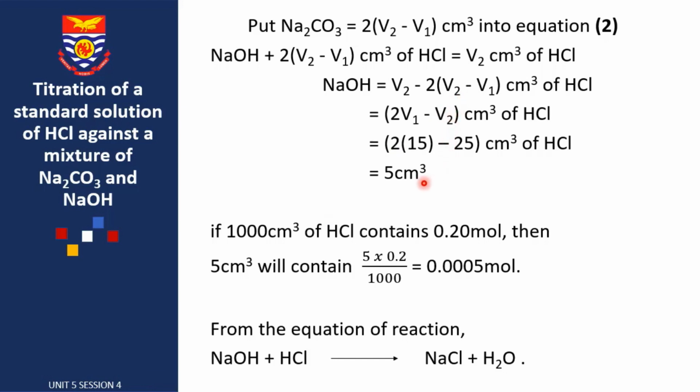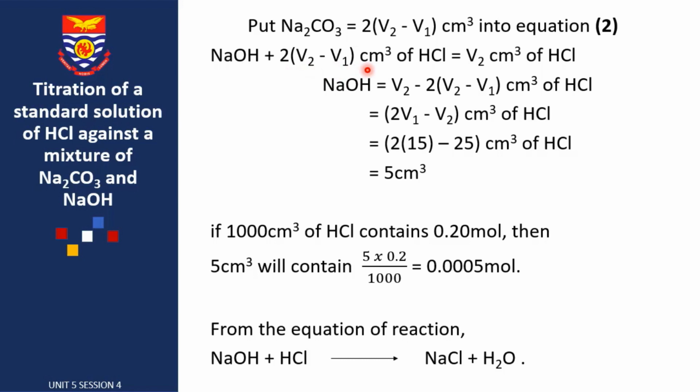With that too, we are going to need the volume of the acid that completely neutralized it. We left an equation on the way. Alright. At the methyl orange endpoint, we said that the volume of the acid used was the volume that converted the whole of the sodium hydroxide and the whole of the sodium carbonate.